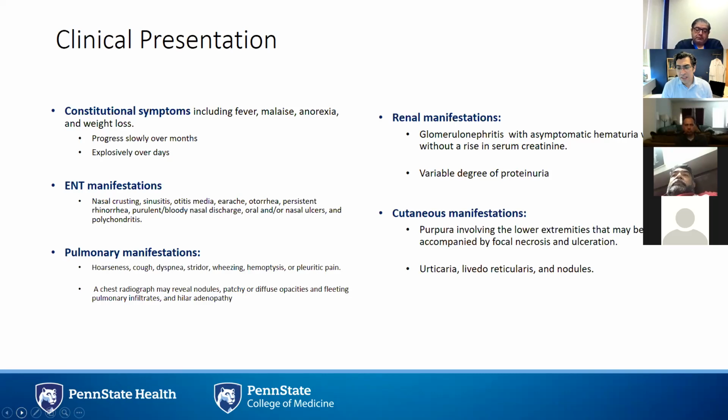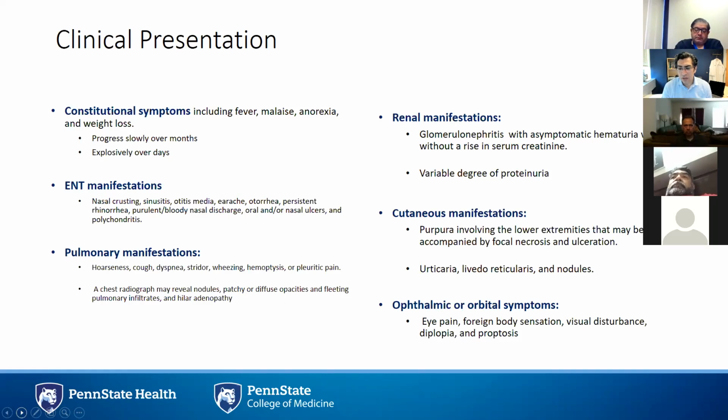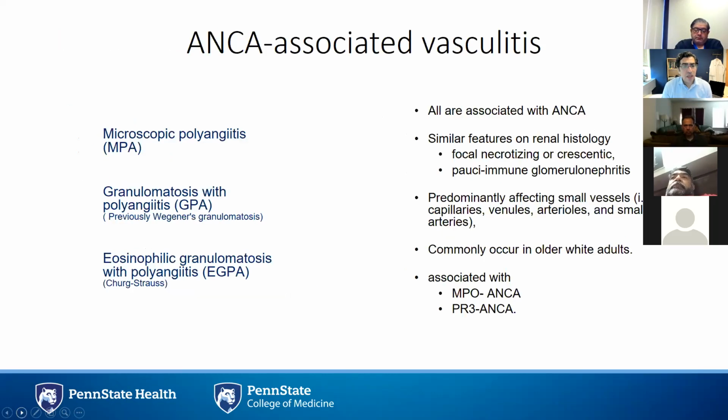Skin lesions could be different, purpura in the lower extremities, around the nails, some focal necrosis as well, and eye and orbital symptoms as well. Whereas the ANCA associated, as I mentioned, the three conditions, they all have ANCA.